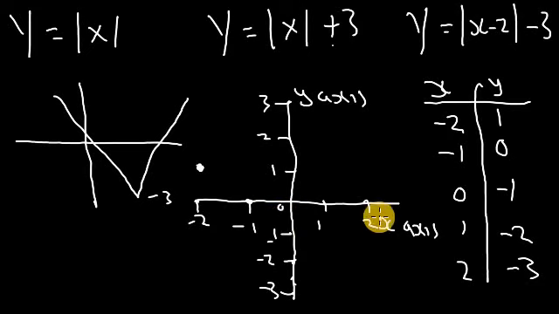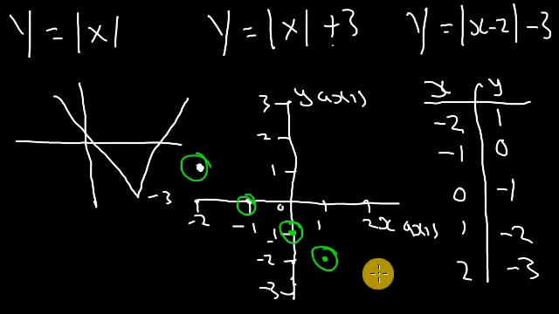When x is 0, y is minus 1, somewhere around here. Let me circle that. Then when x is 1, y is negative 2. I have a point around there. And when x is 2, y is negative 3. I have this somewhere around here.